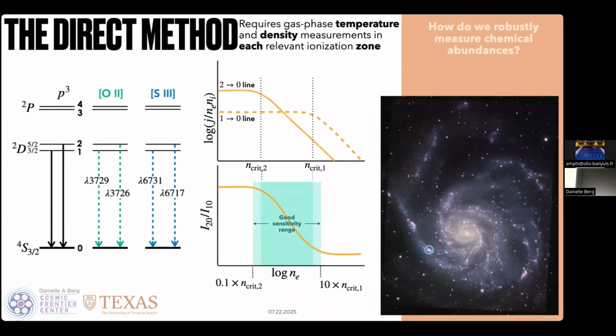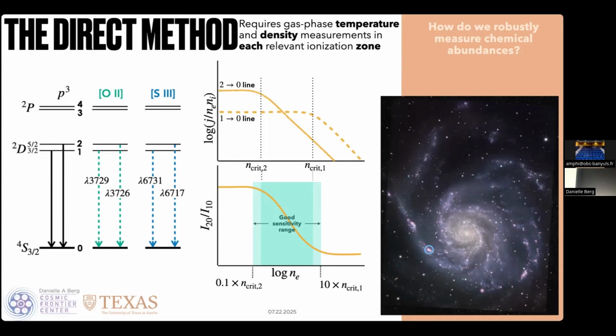But as I was talking about critical density, the two different levels will have different critical densities that cause them to start to collisionally de-excite at different densities. So if you have one transition, your upper, two to zero line that looks like this, and I take it as a ratio with my 1 to 0 line like this, I get an overall trend that kind of does this little zigzag.